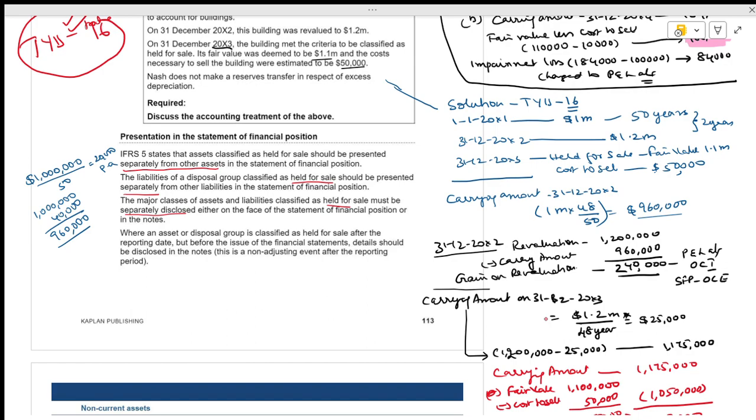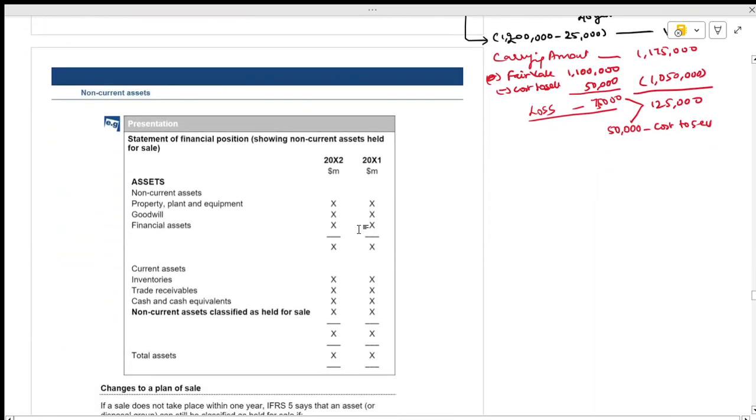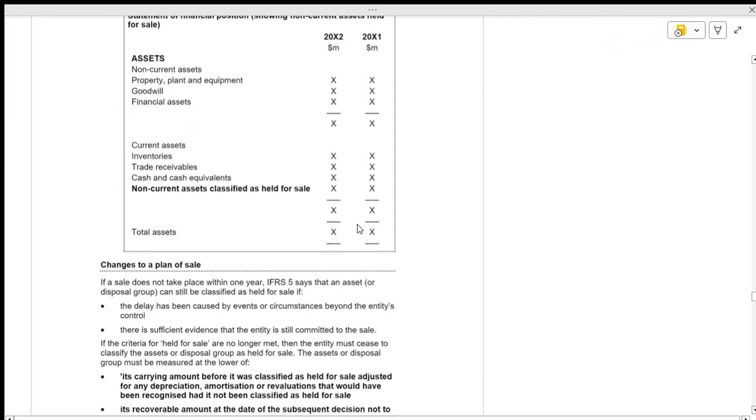When an asset or disposal group is classified as held for sale after the reporting date but before the financial statements are authorised, details should be disclosed in the notes. And this is a non-adjusting event. If you have done auditing, you will come across adjusting events and non-adjusting events. This is the format of presentation.